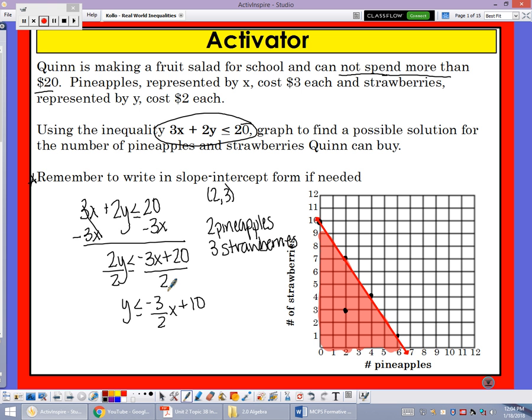It's a possible solution. I can also say anything that falls on this solid line would also be a solution. So 2, 7. So 2 pineapples and 7 strawberries is also a solution.